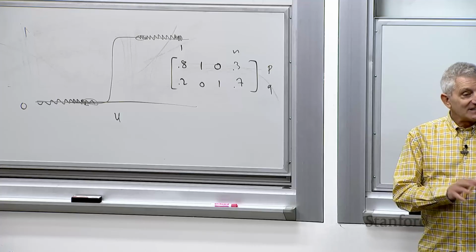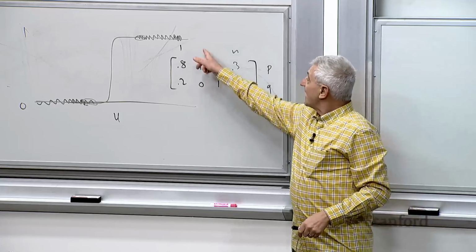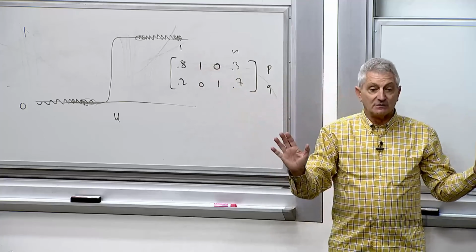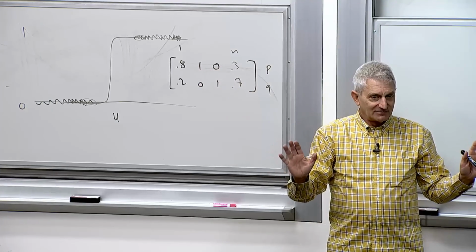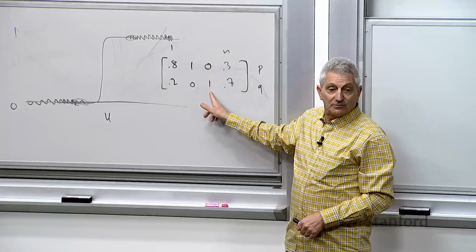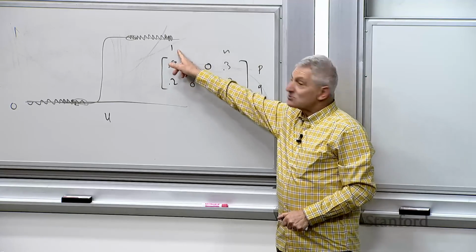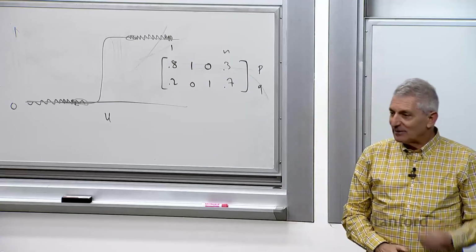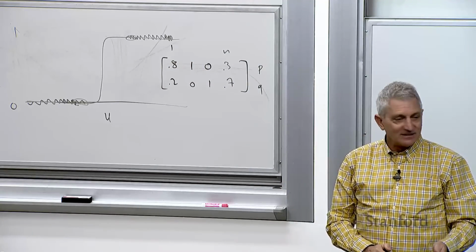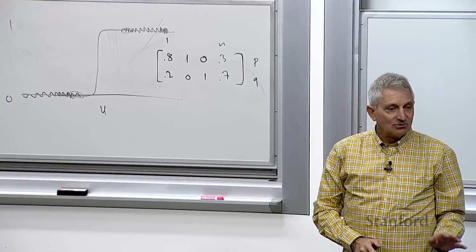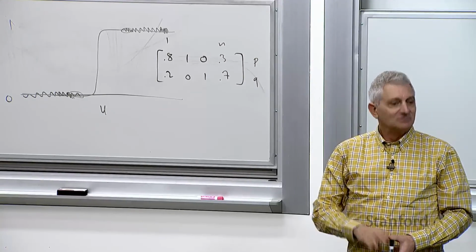It's a policy. If the outcome is 2, I will simply say it came from P, period. If the outcome is 3, I'll say it came from Q. If the outcome is 1, I will do something very weird: I'll flip a coin with probability 0.8, and if it comes up heads, I'll say it's P, otherwise I'll say it's Q.